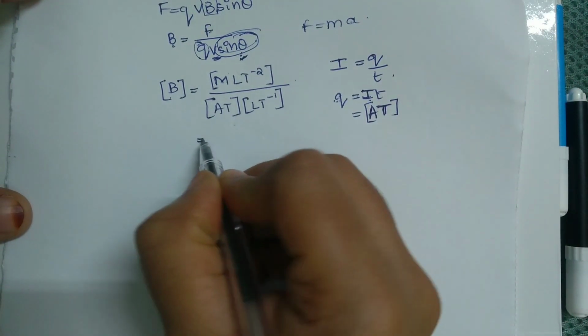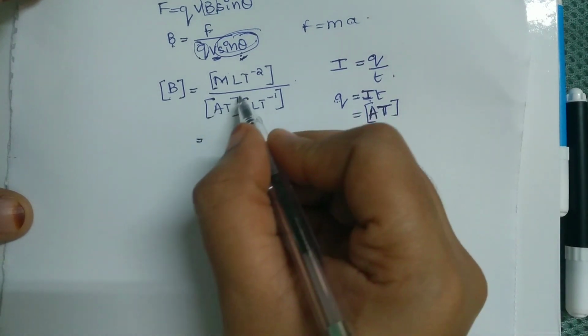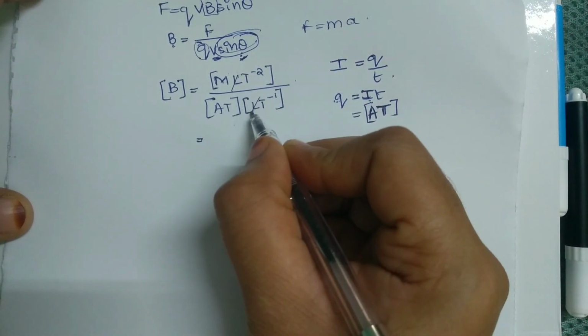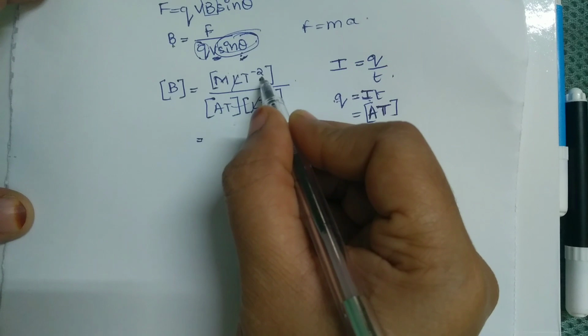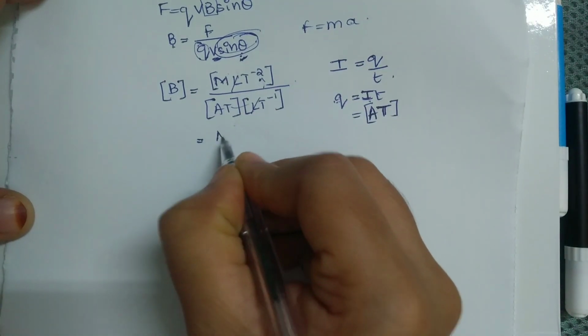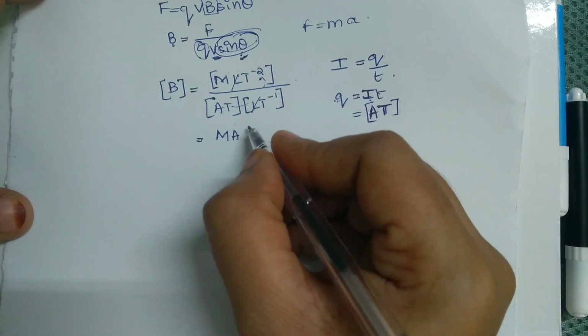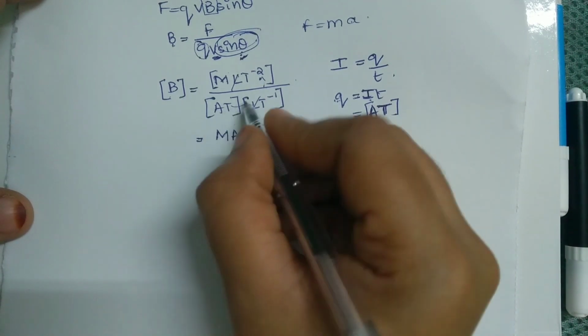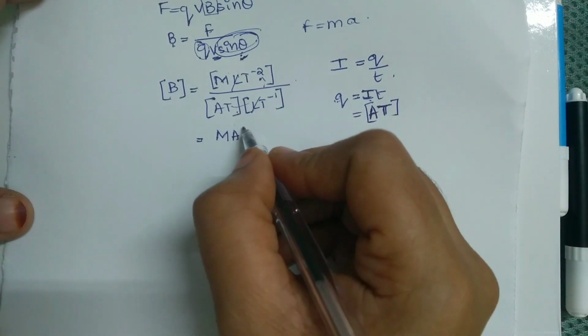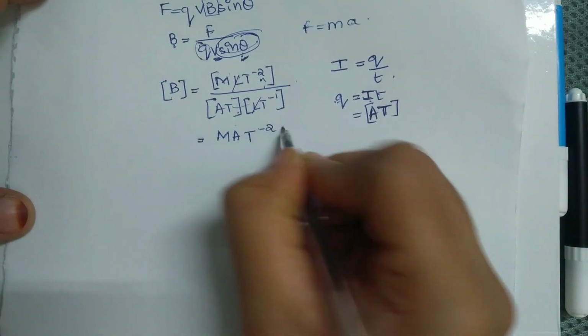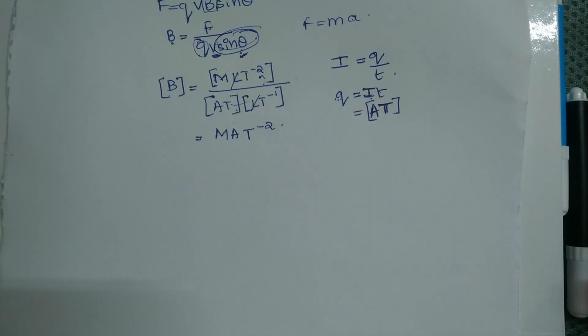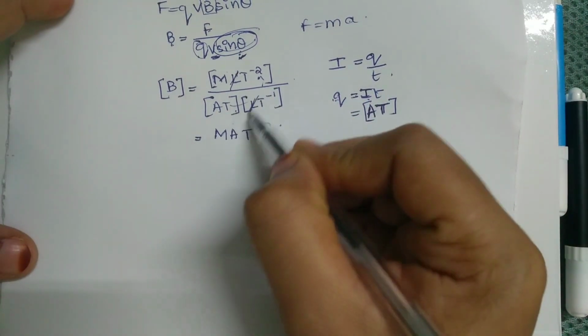So after solving this, what will you get? L and L will get cancelled. If this T moves up, what we get is M, A raised to, and then T raised to -2. L gets cancelled.